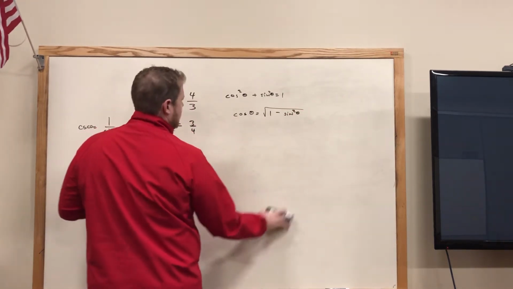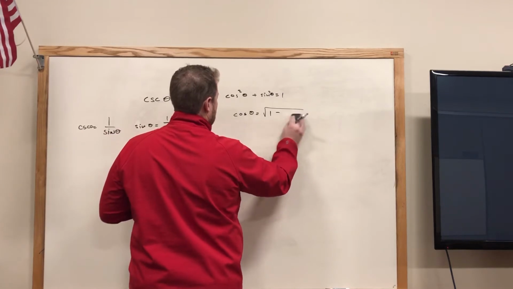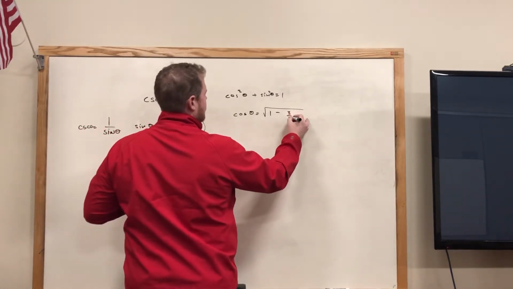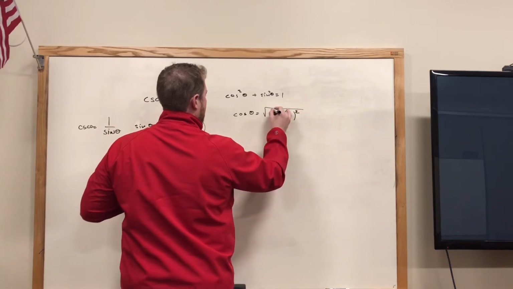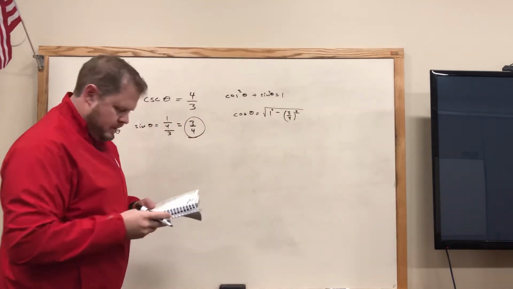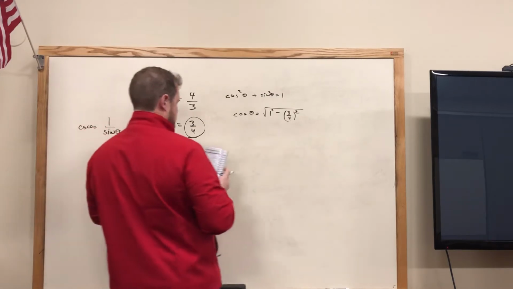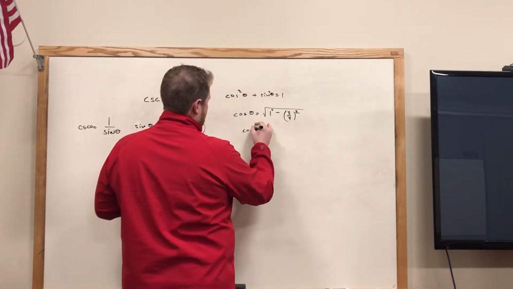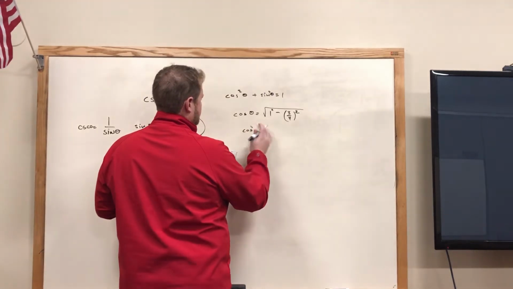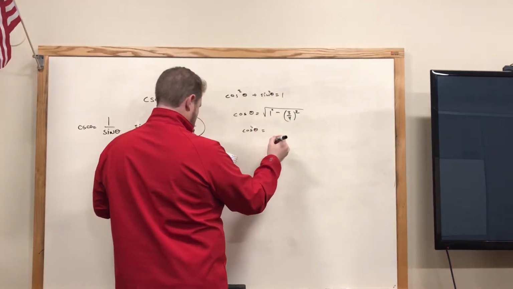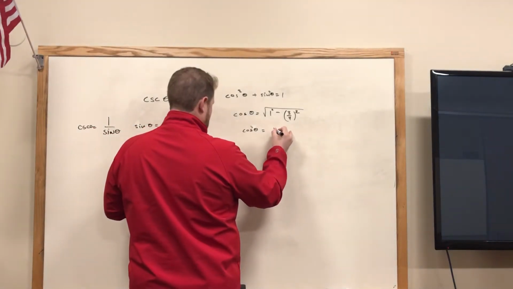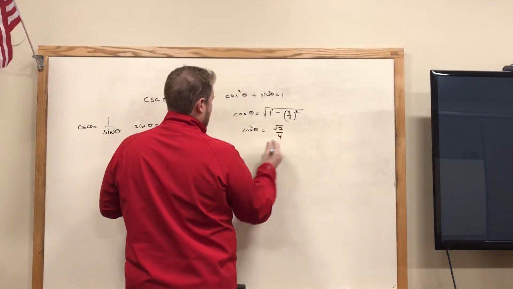What was sine? Right here, 3/4 squared. Going through this process, it's going to give me cosine equals square root of 7 over 4.